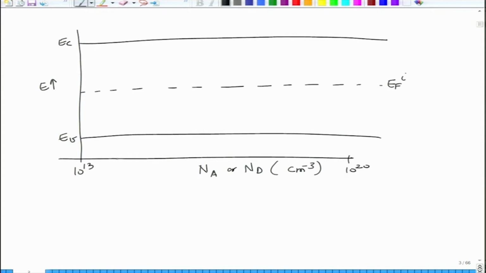So, we are going to have 14, 15, 16, 17, 18, 19, 20, 21, and so on and so forth.